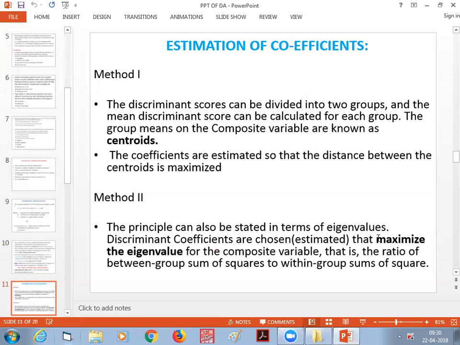In the back end, you are not going to do that directly. In SPSS, these methods are available, and you just have to use them to estimate the parameters of the model. Method 1 is the centroid method. Method 2 is the eigenvalue method, maximizing the eigenvalue. Normally we use the centroid method. You can go with any method when you use SPSS.